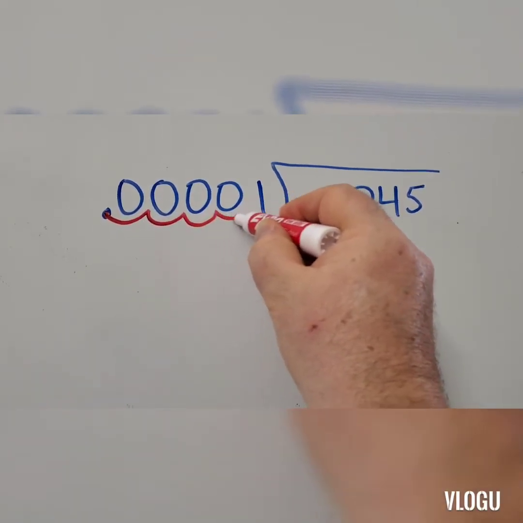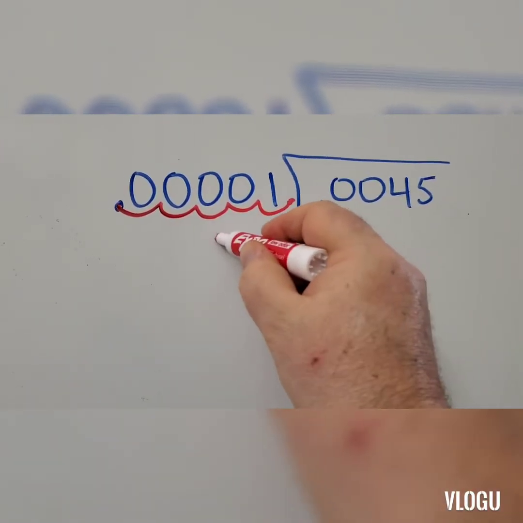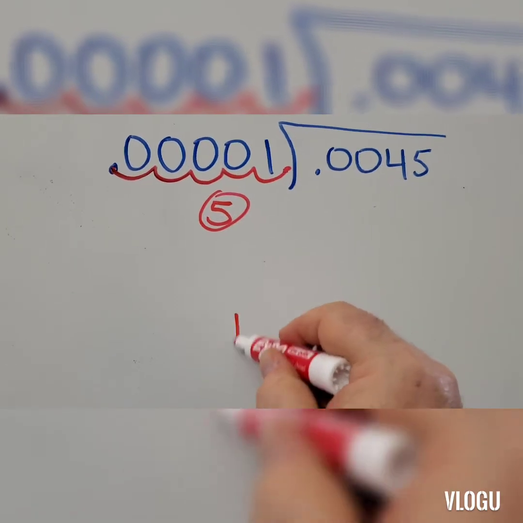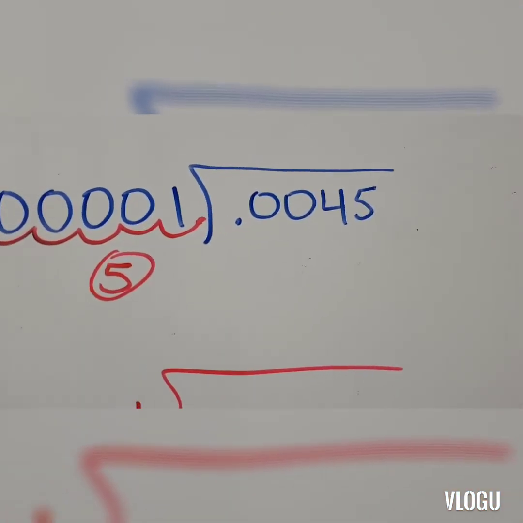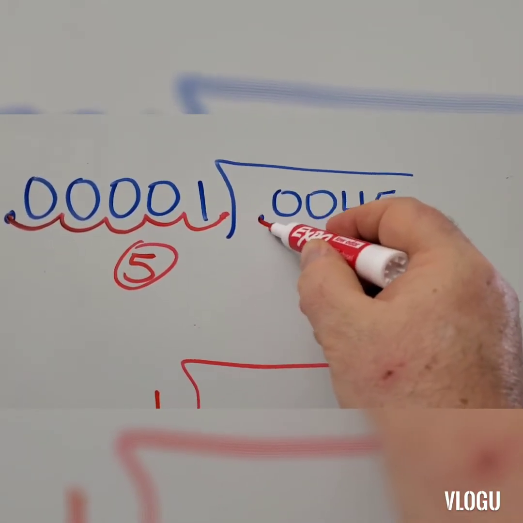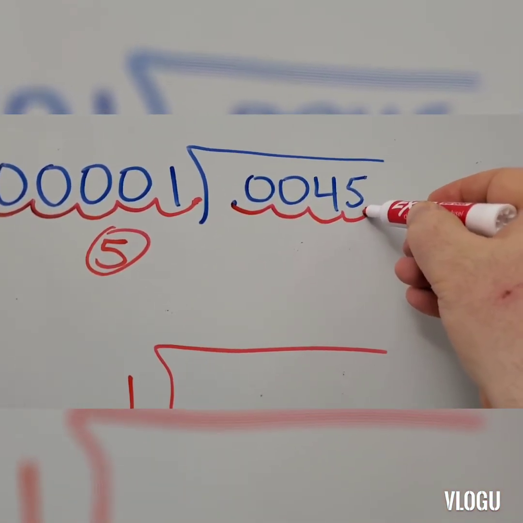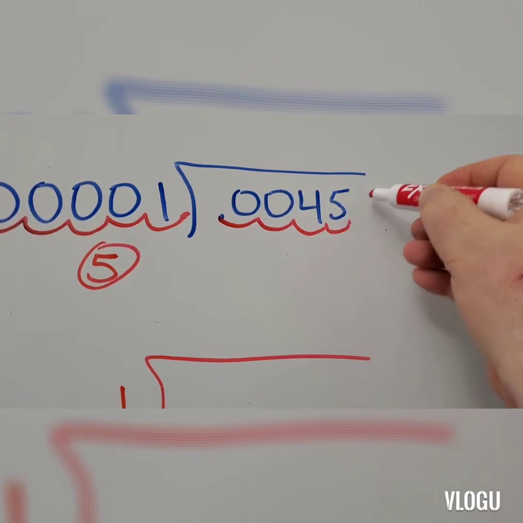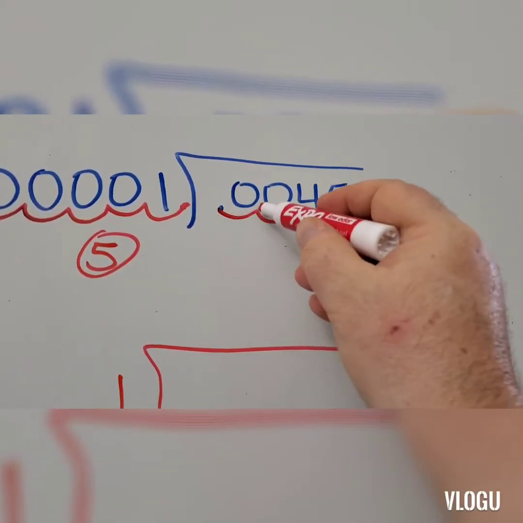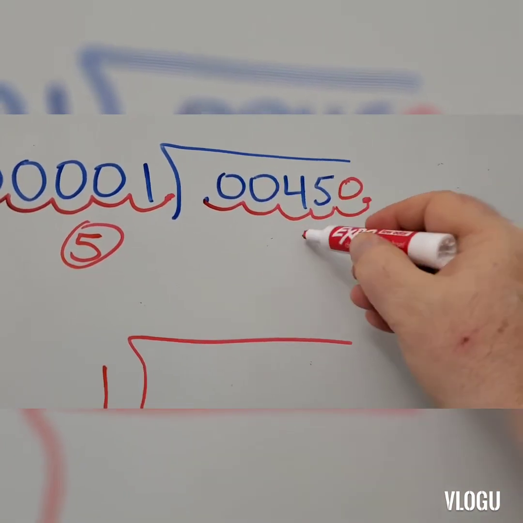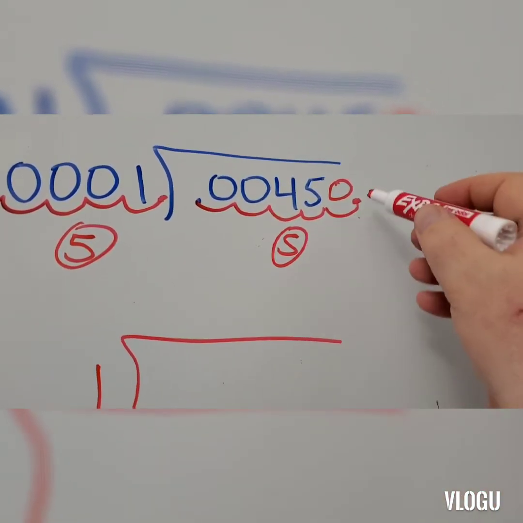1, 2, 3, 4, 5. I have danced 5 places to turn that into a 1. I need to dance 5 places over here. 1, 2, 3, 4. Uh-oh. I need to add a 0 so I can dance my 5th spot. 1, 2, 3, 4, 5. So I've danced here.